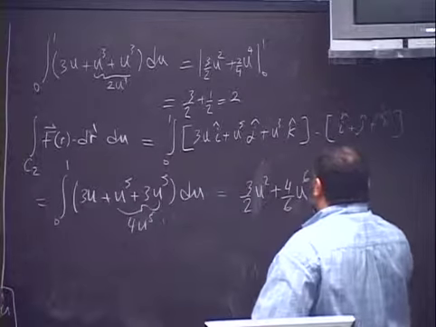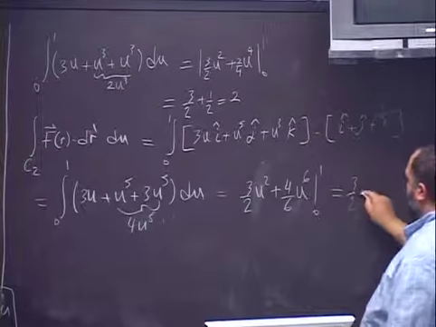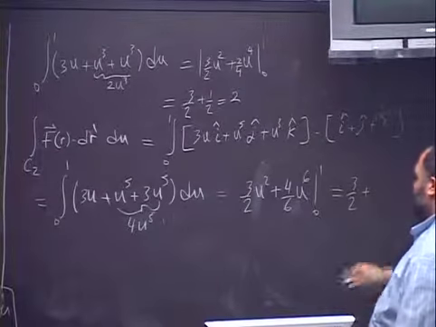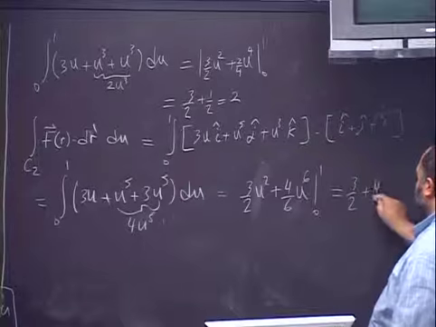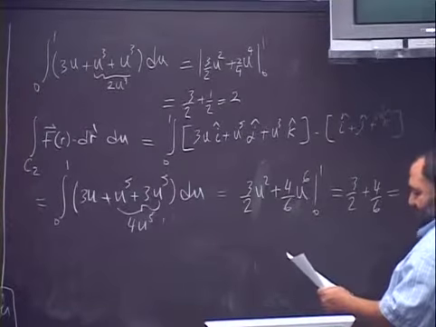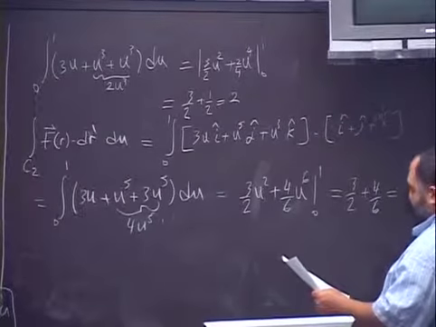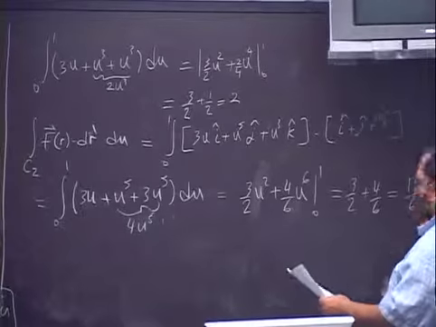From 0 to 1, 0 will cancel, and at 1, this will give you 3/2 plus 4/6, and this will give you what? 13/6.